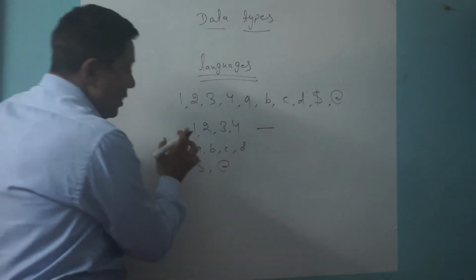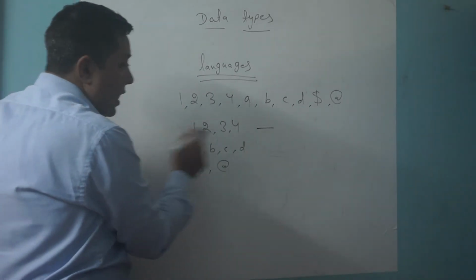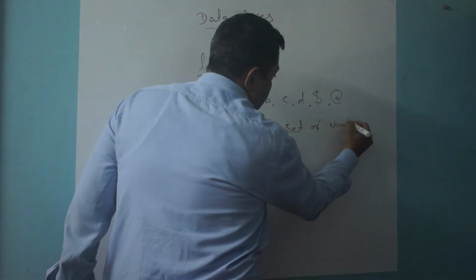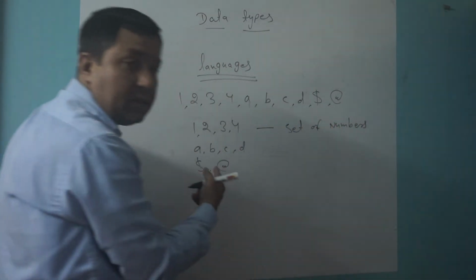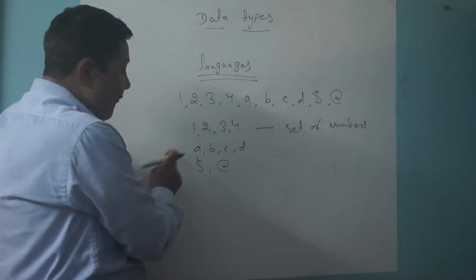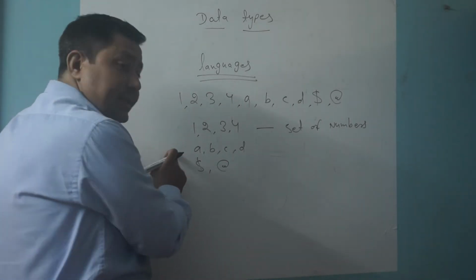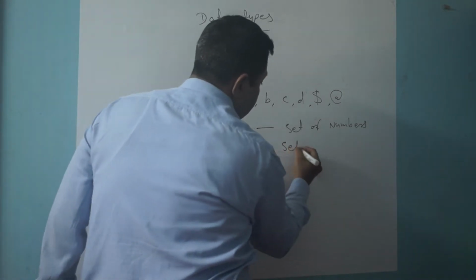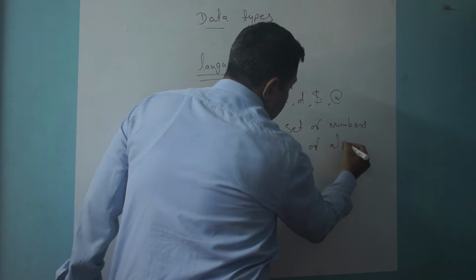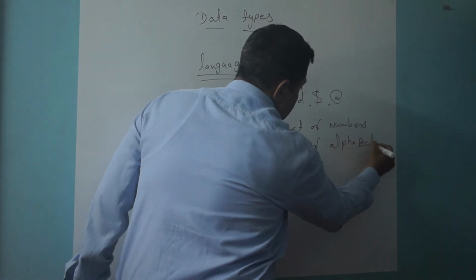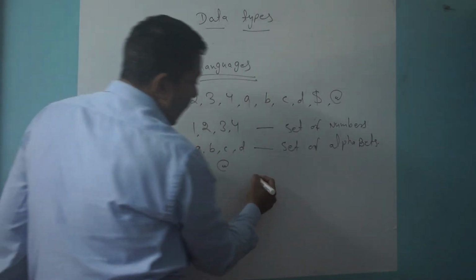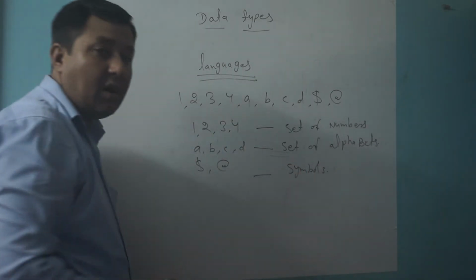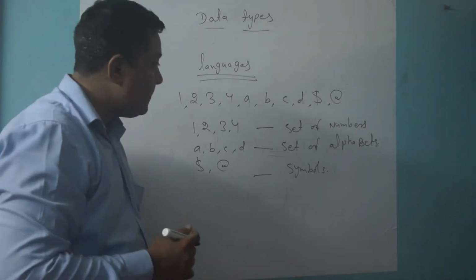Humans can understand that these are a set of numbers. Humans can differentiate and understand that these are a set of alphabets and these are symbols or special characters.